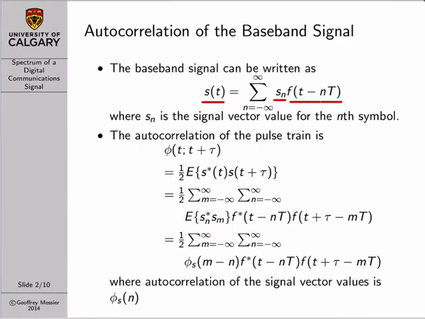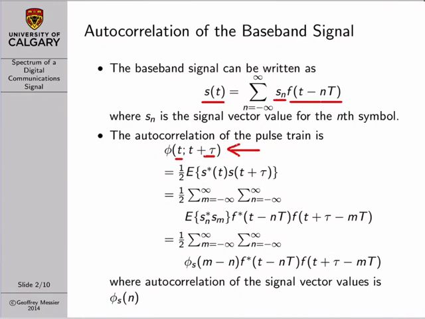So the first step when finding the power spectral density of a signal is to find its autocorrelation. And so the autocorrelation term is here. And we're starting with the general autocorrelation. That's a function of some time value t and some time value shifted by a value tau.